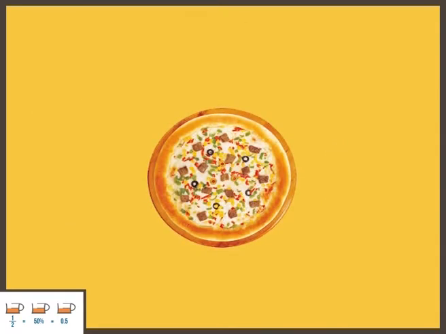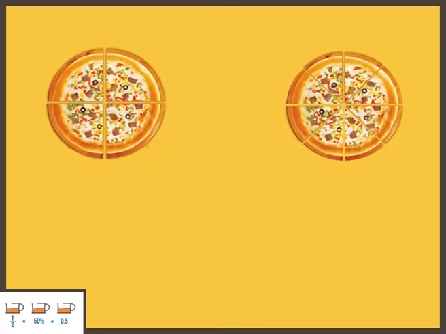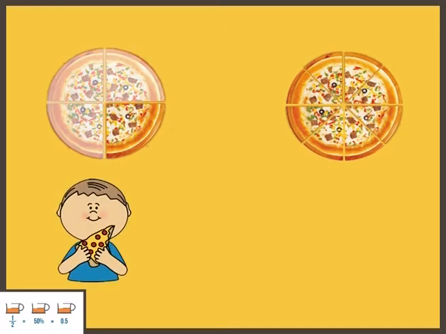Let us divide the same pizza in more equal parts and see how it can be represented in fractions. Divide the pizza in 4 and 8 equal parts. If your friend eats 3 parts of the pizza, when it is divided into 4 equal parts, we can say that he has eaten 3/4 of the whole pizza.